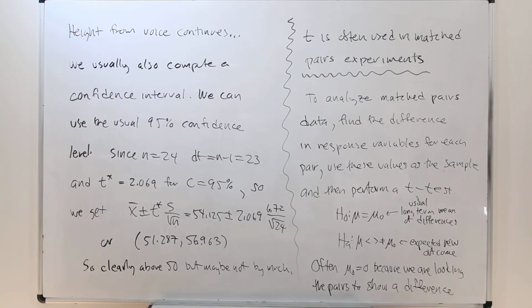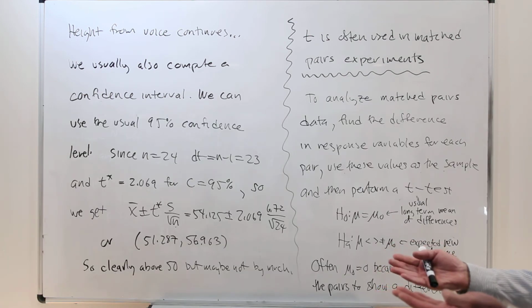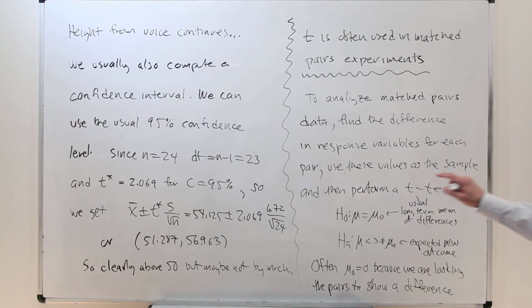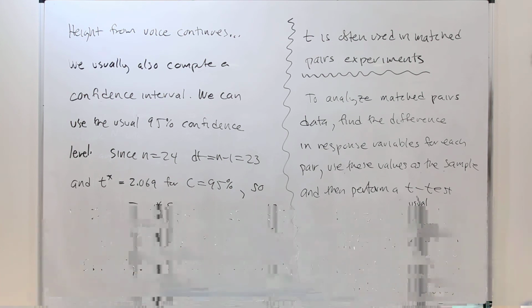To analyze the data, we find the difference in response variables. So we take the two values from treatment 1 and treatment 2 and we subtract in the same way for every pair. Use those values, the differences, as our sample, and then perform a t-test using the differences.